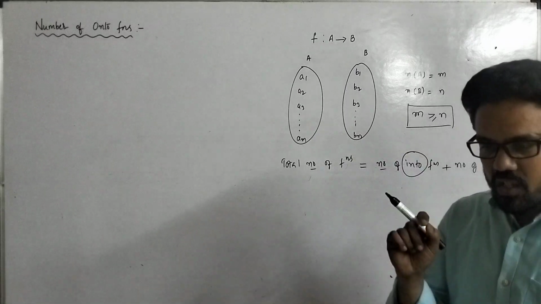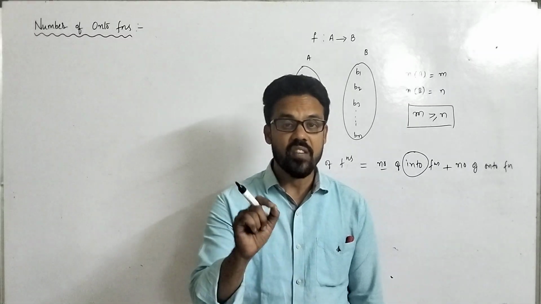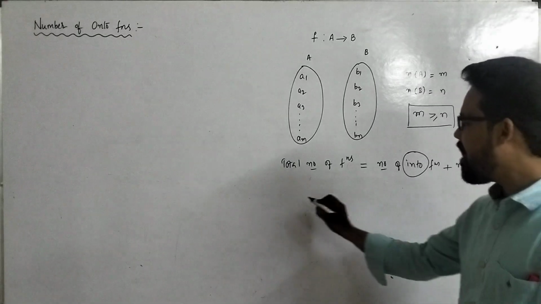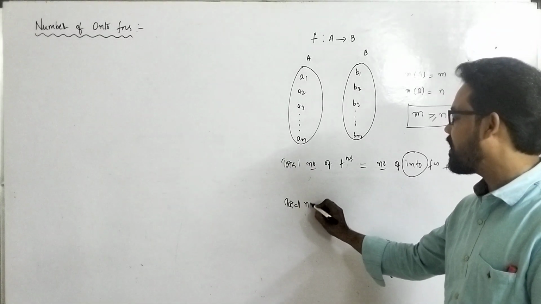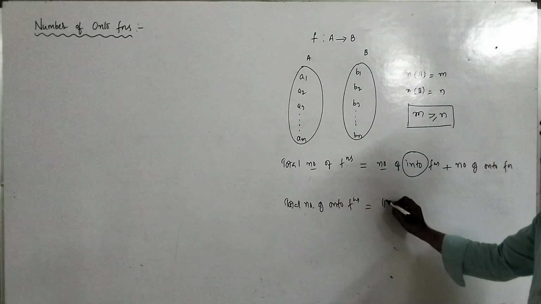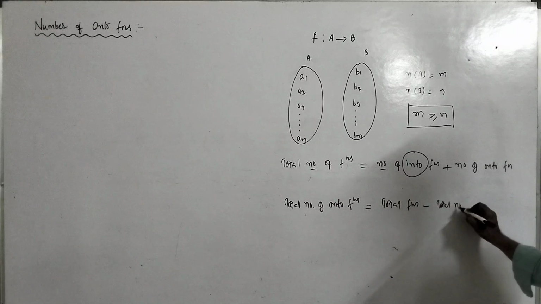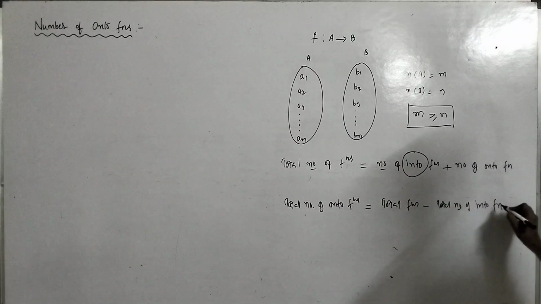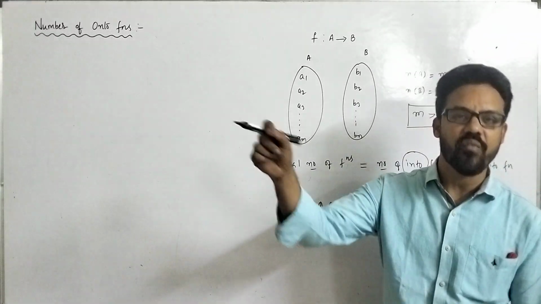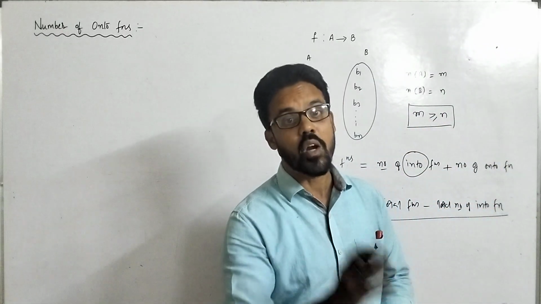A function which is not onto is called into. Now, to find the number of onto functions, the total number of onto functions is nothing but the total functions minus the total number of into functions. Now, I am going to explain the total number of functions as well as the total number of into functions so that we get the number of onto functions.